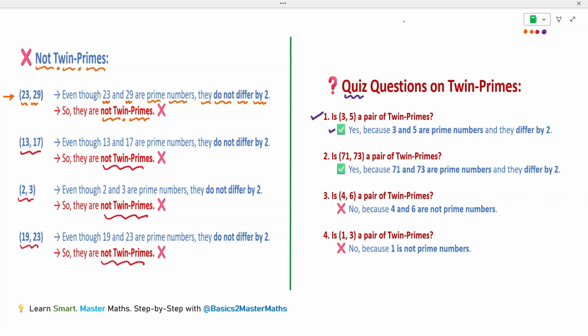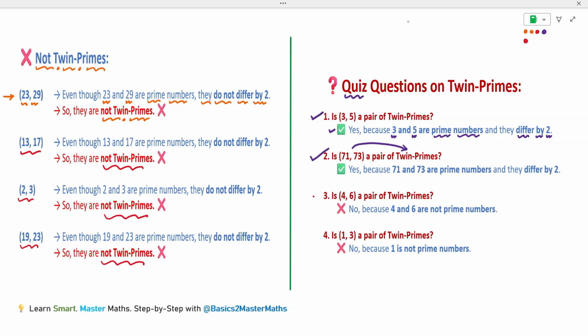Yes, because 3 and 5 are prime numbers and they differ by 2. Similarly, the pair of 71 and 73 are twin primes.